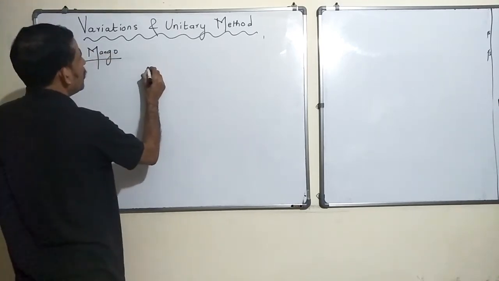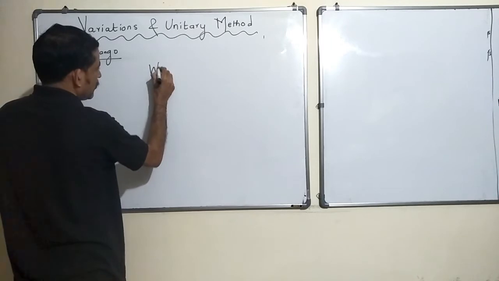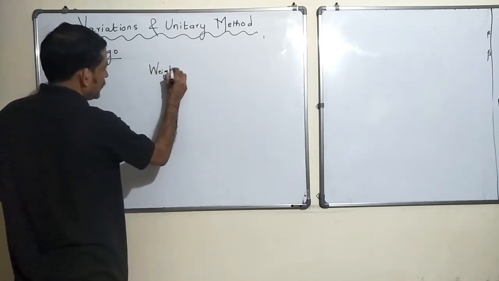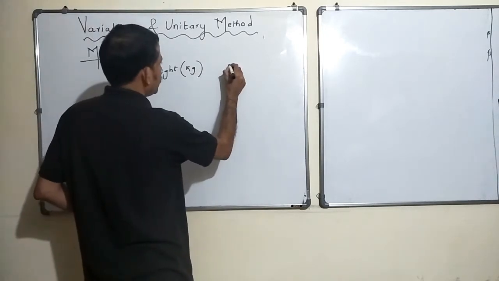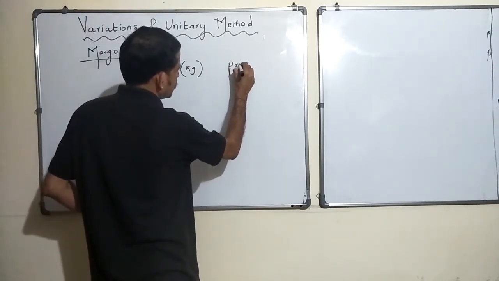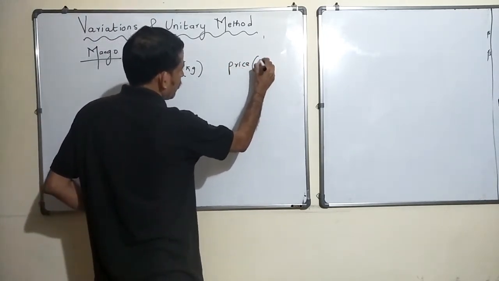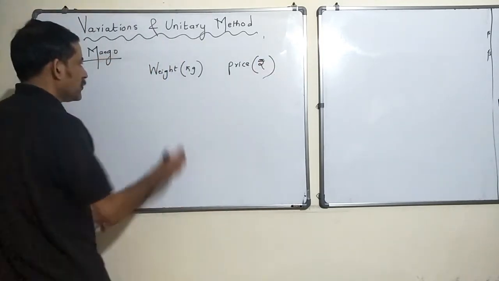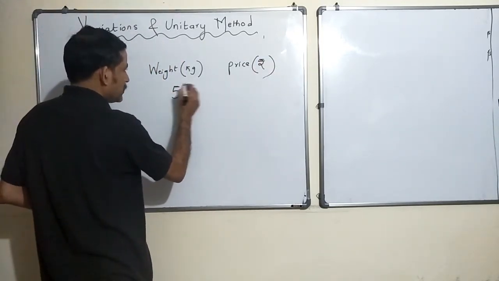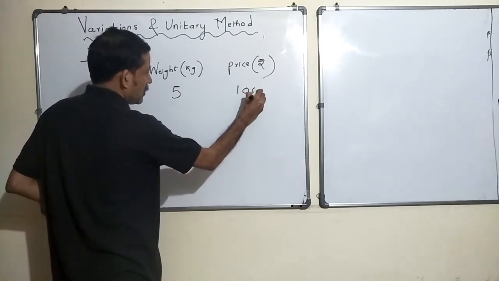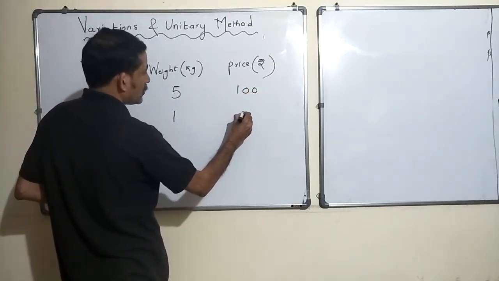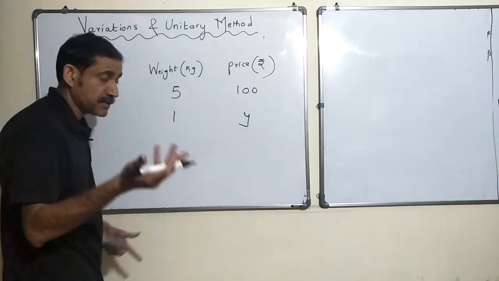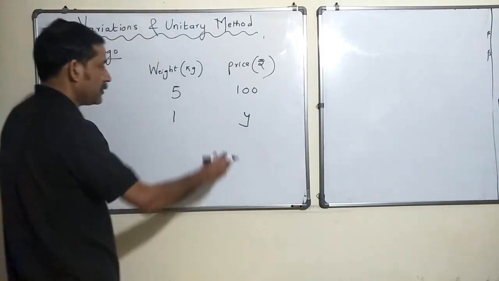So one was weight, weight in kg, and price in rupees, correct. So 5 kg mangoes cost 100 rupees. So 1 kg mango would cost, let us assume, Y rupees.